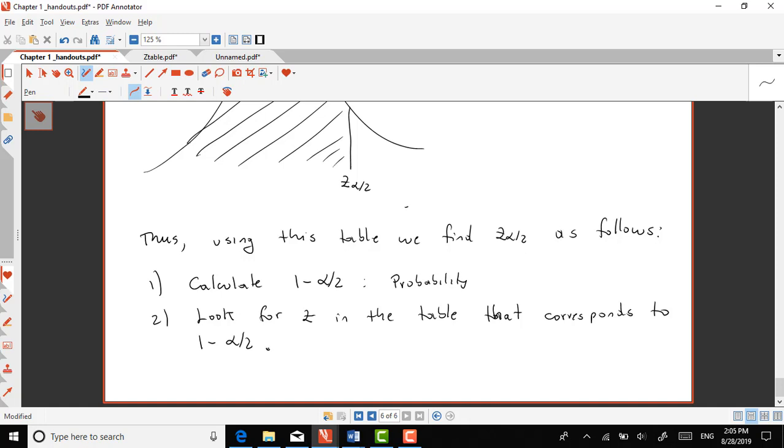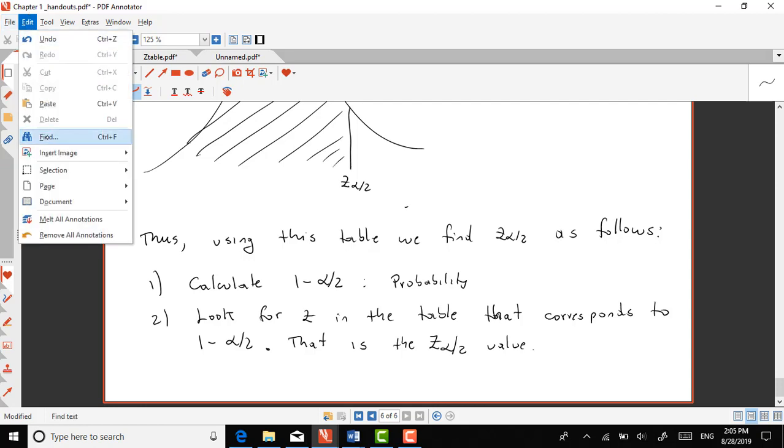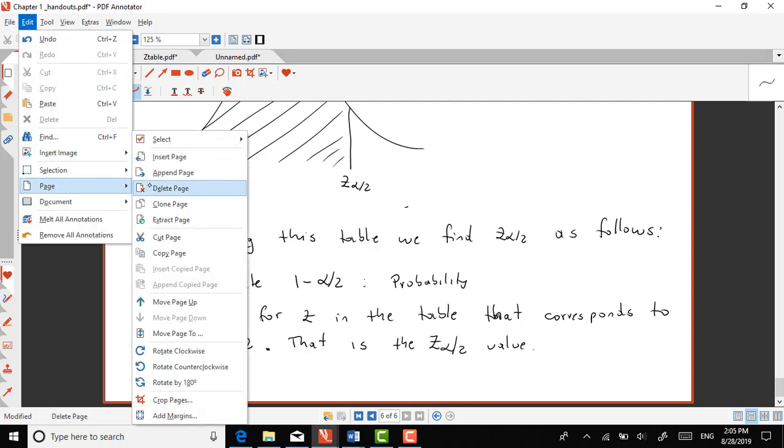And that's the z alpha over 2 value. Okay, let's look at an example, and you will see that it probably sounds complicated. Maybe I made it sound more complicated than it is.